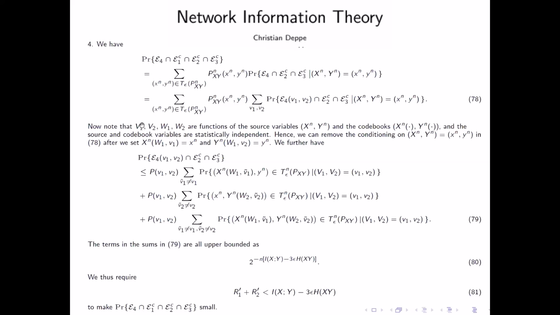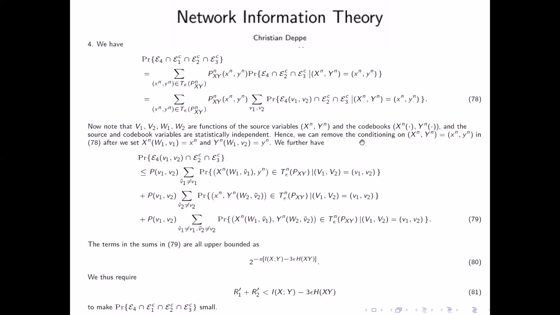Now we have to think about, so we know that V1, V2, W1, and W2 are functions of the source variables Xn and Yn and the code books, and the source and code variables are statistically independent. That's because of how we construct the code book.